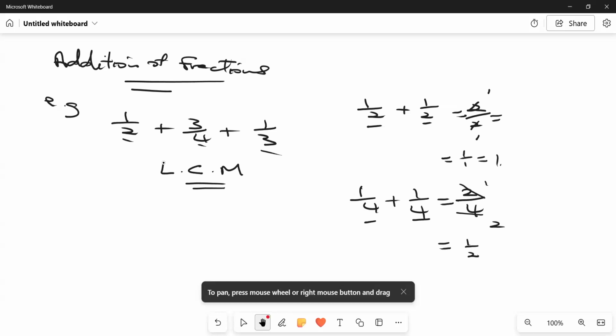When you have bigger numbers, harder numbers, there's a little method you can use to find the LCM, right? Maybe I can just touch on that here. Give me a second.